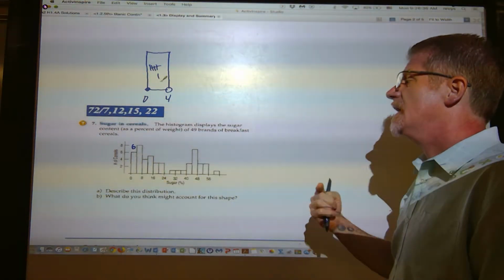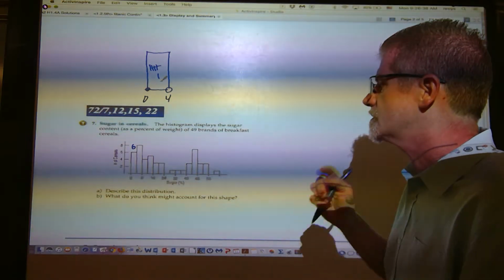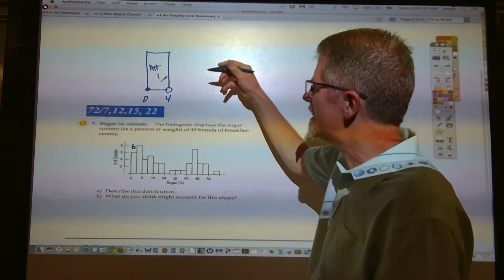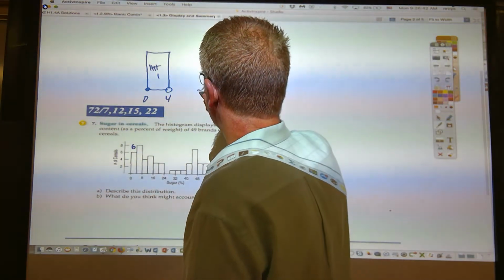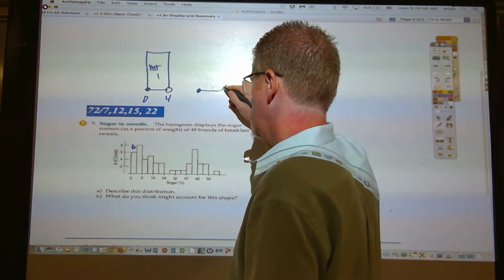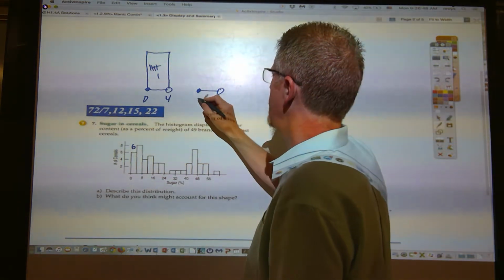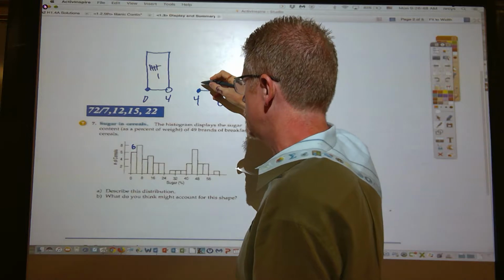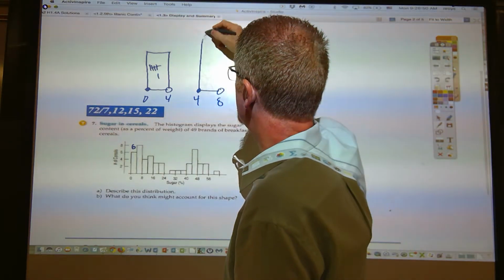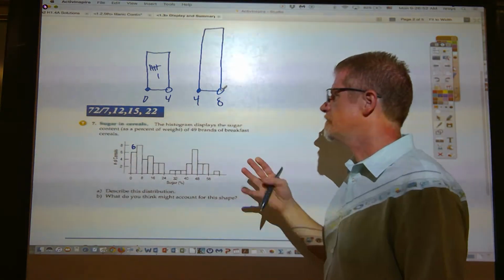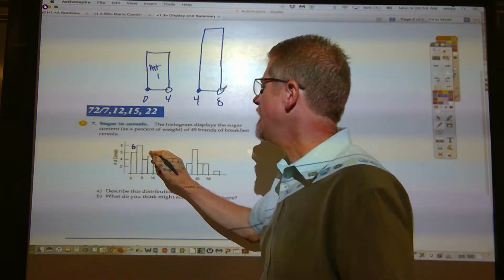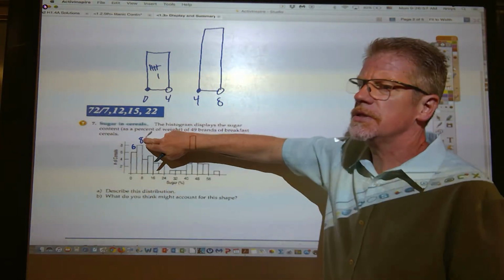Now, if a cereal has exactly 4% sugar, then it would go into the second bin. The second bin was anywhere from 4 up to 8, but not including 8. And apparently, when they counted up, of the 49 cereals, 8 of them fit into this bin of the histogram, so I'll put a little 8 above this bar.